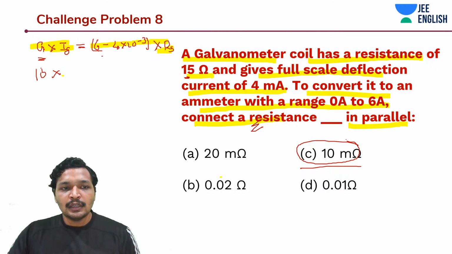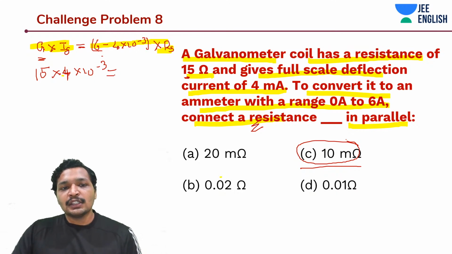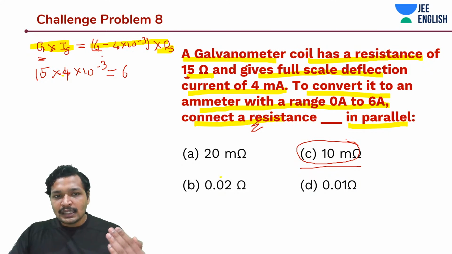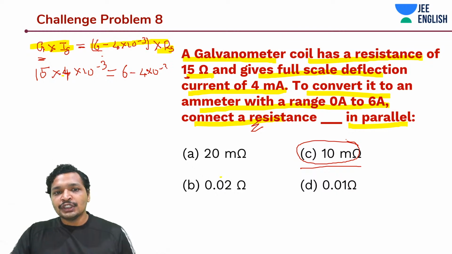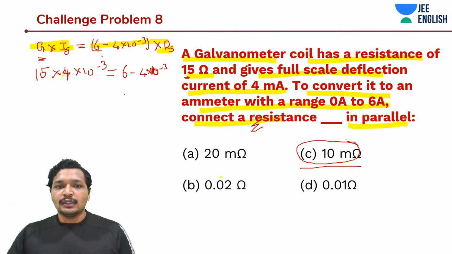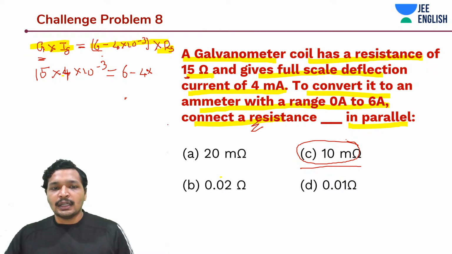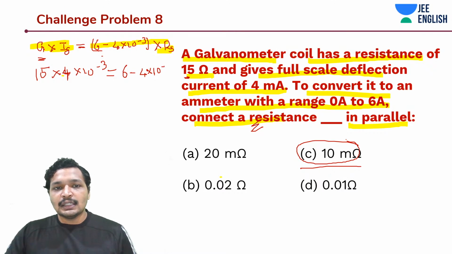So it's 15 into 4 into 10 to the power minus 3, which is equal to the rest. It has to measure 6 amperes, so 6 minus that 4 milliampere is going to flow through the shunt resistance.